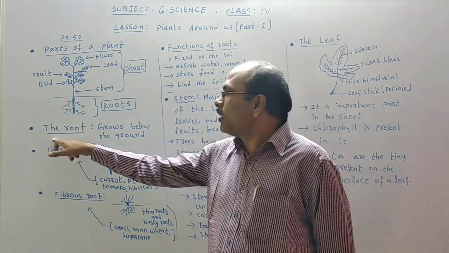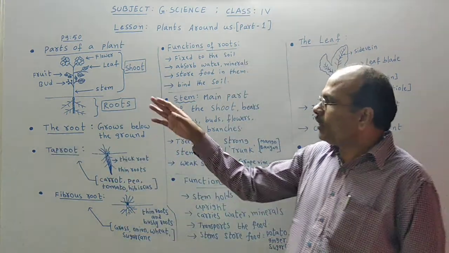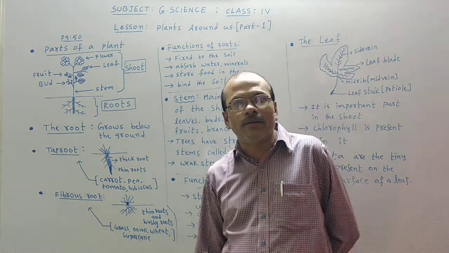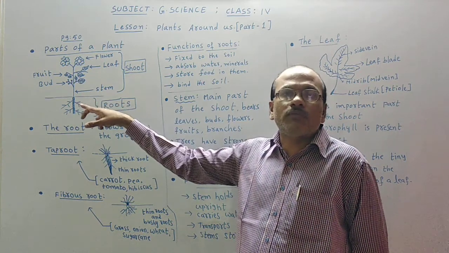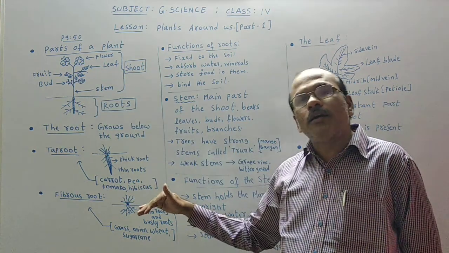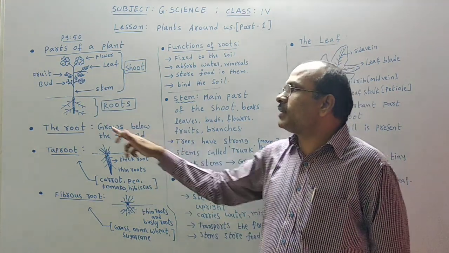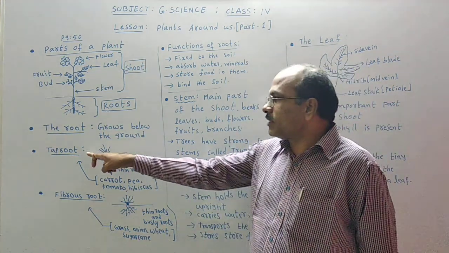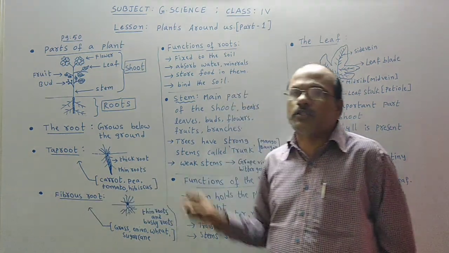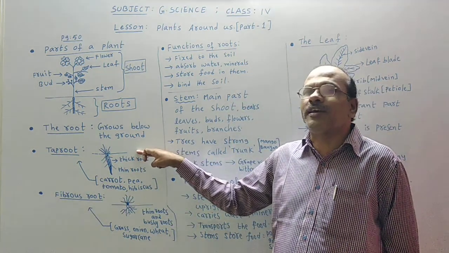Then coming to the root system, just now we said that the part of the plant that grows below the ground level is called the root. The roots are of two types: tap root and fibrous root. Tap root is shown here.